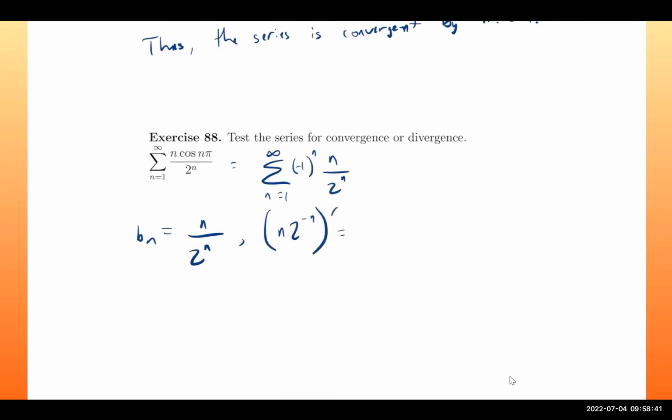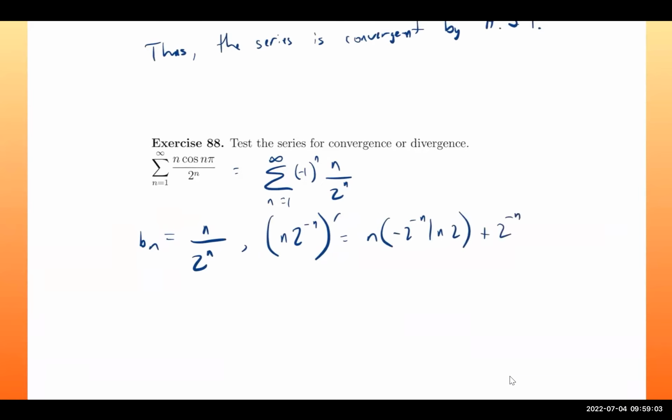First derivative will look like, I'm just going to write it out for you. It's going to be n times negative 2 to the negative n ln of 2, plus 2 to the negative n. And we need that to be less than 0.